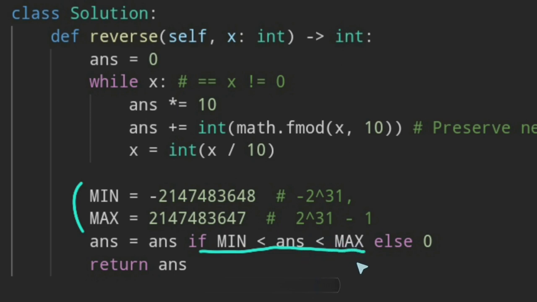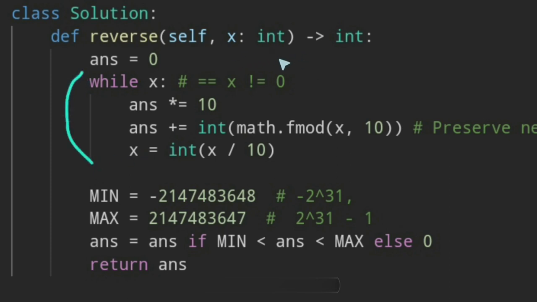You just do it in the same if. You put the number in the middle and compare it to the two numbers, which is again a very nice compaction trick in Python for programming interviews. Then if the answer is within the min and max boundaries, return it. Otherwise, we return 0.